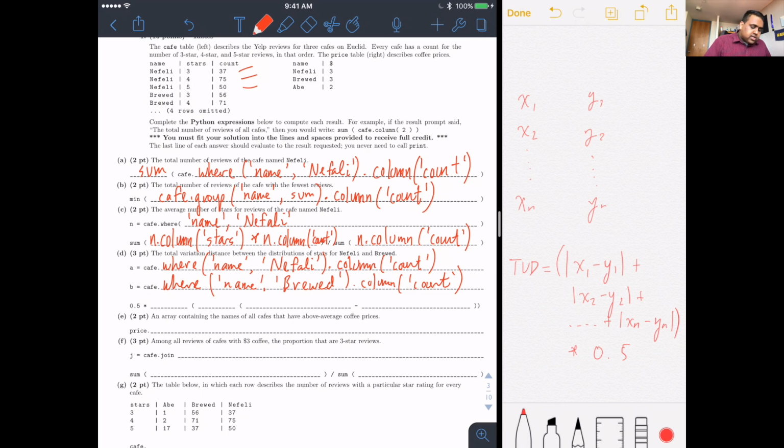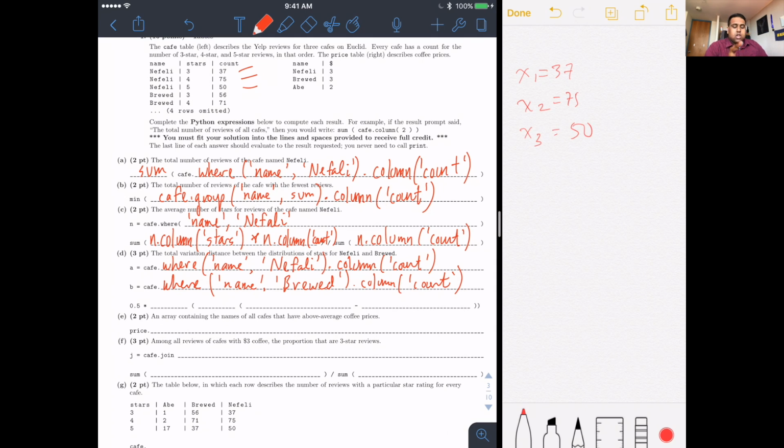we want the total variation distance between the distribution of the stars for Nephali and Brood. So what that means is we don't want, as I mentioned earlier, x1 to be straight up 37, x2 to be 75, and x3 to be 50. We don't want that. We actually want, by distributions, they mean we want the proportion of 3-star, 4-star, and 5-star values, right?